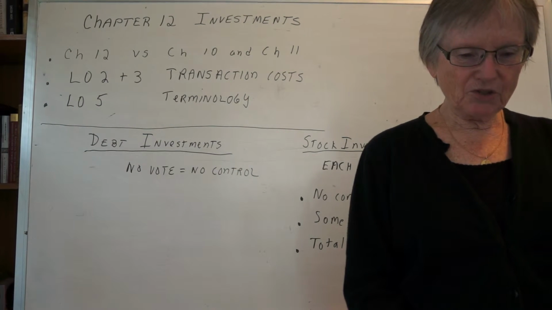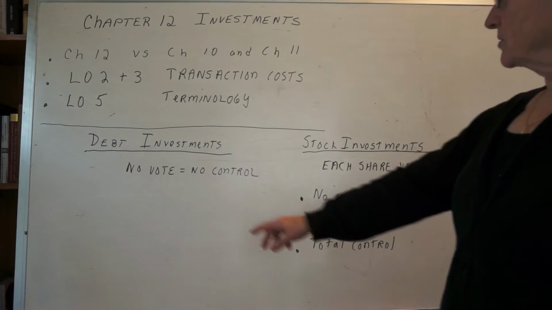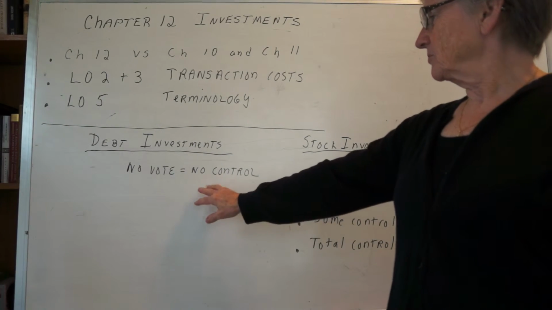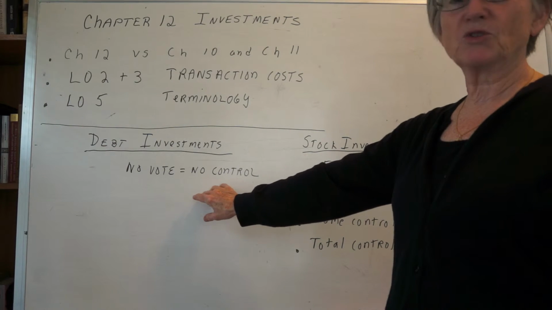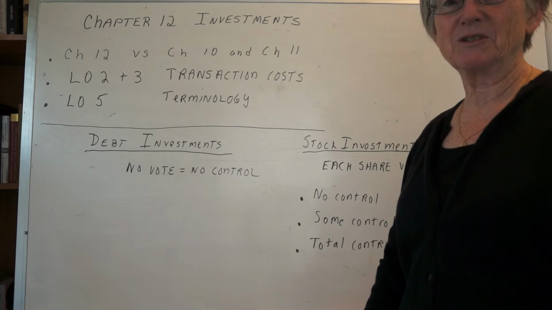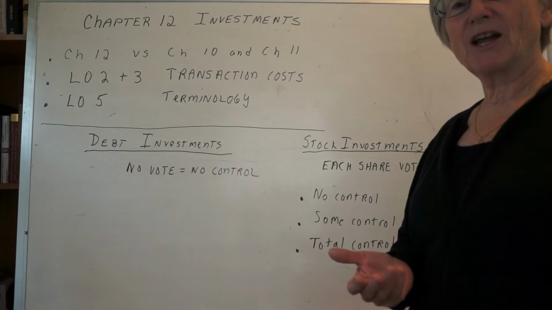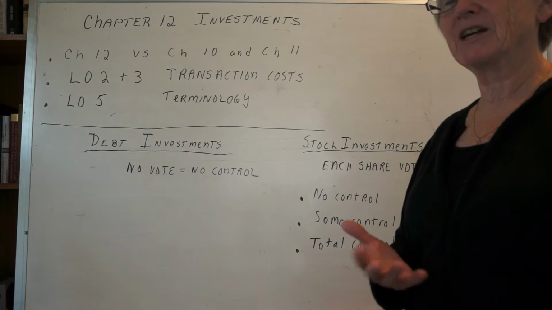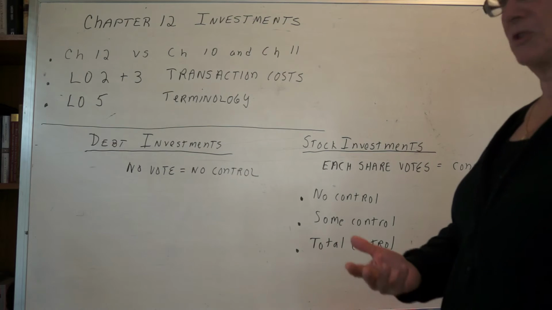So with your debt investments, we'll do the cost method. You remember that debt investments have no vote, so there's no control of the company you've invested in. And how we account for the different items in this chapter depends on the economic reality underlying the situation.